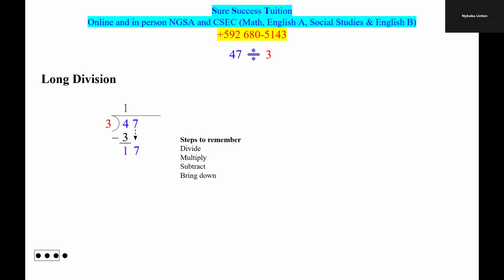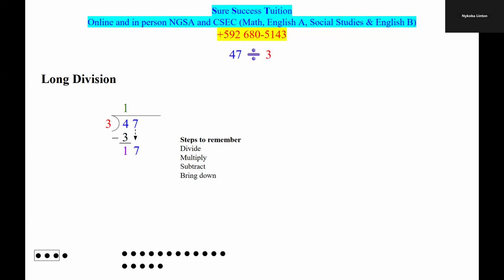Now after bringing down, we must repeat the process. So let's divide now. This time we will not divide only the 7. We must divide also the 1. So altogether it will be 17. So 17 divided by 3. What is that really? Well, again, we have 17 items.